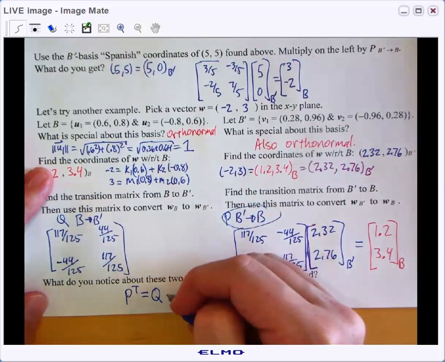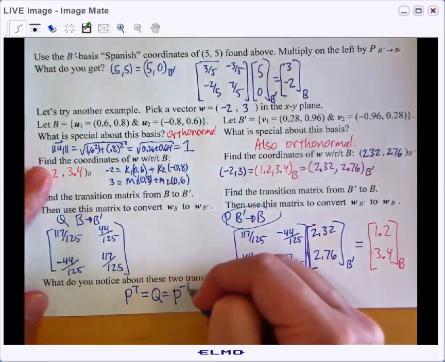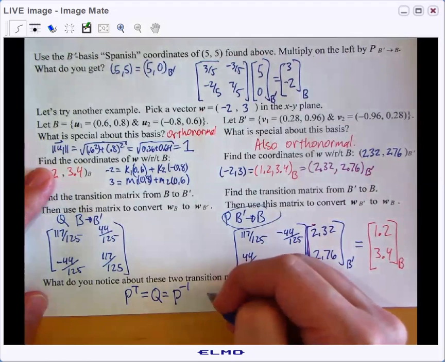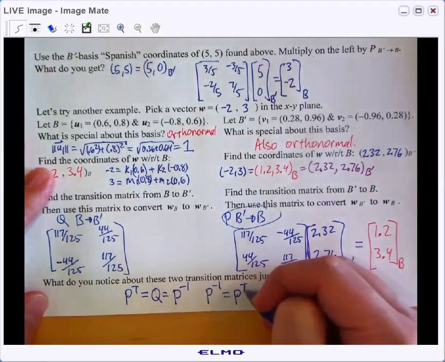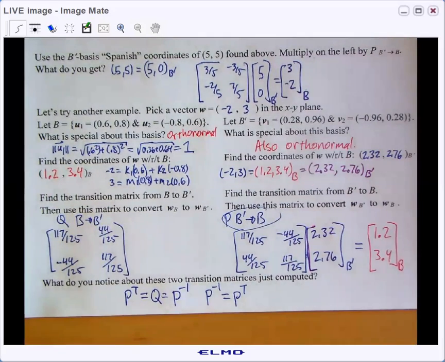And remember that the Q matrix was equal to the inverse of the P matrix. So that tells us that the inverse matrix is equal to its own transpose. Something we'll take advantage of in the next section.